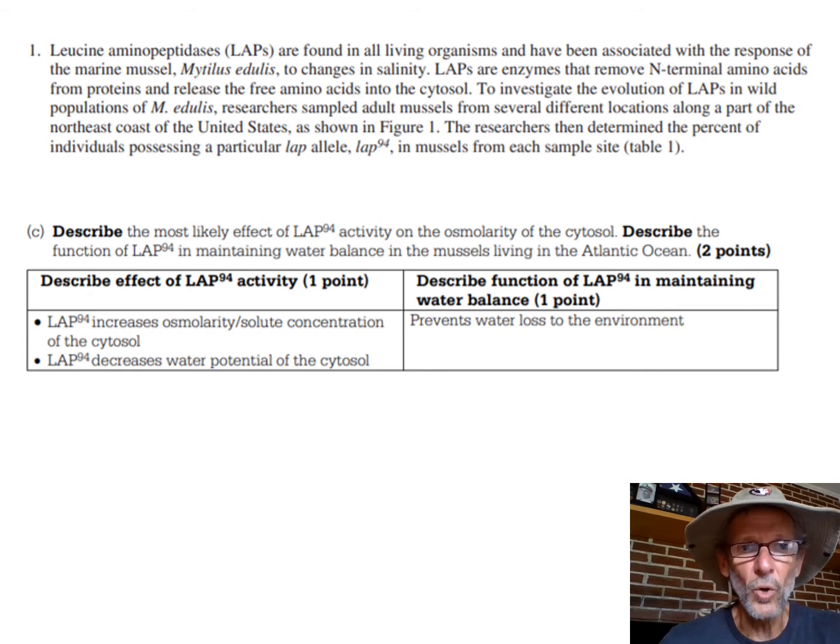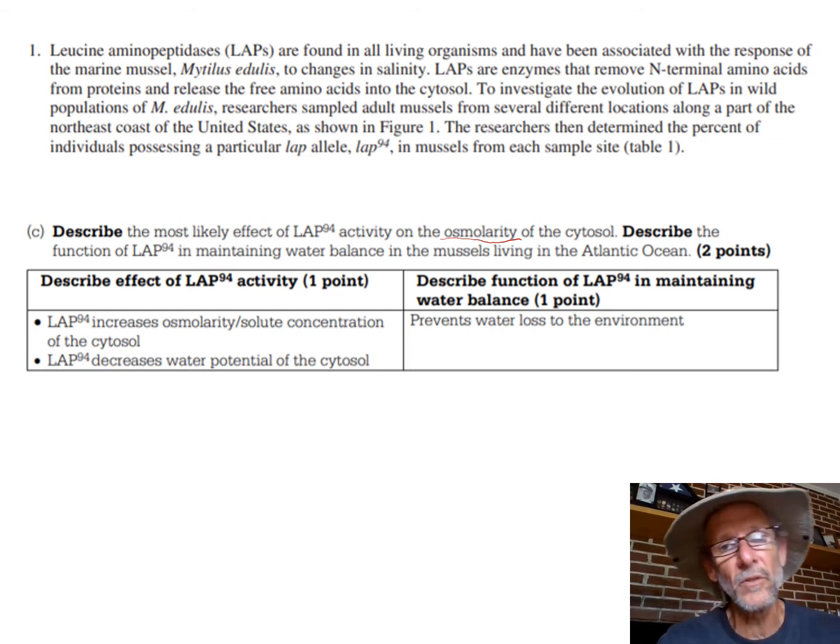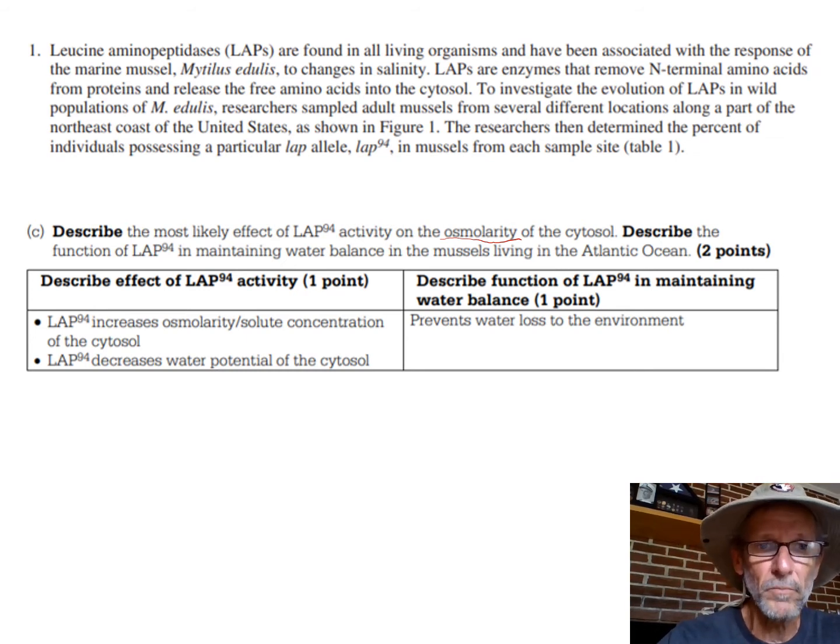Okay, so describe the most likely effect of this activity on the osmolarity of the cytosol. Describe the function of this in maintaining water balance. Now they're talking about osmosis, diffusion, and regulation. So again, two command verbs, both describe in this case: describe this, and then describe that.